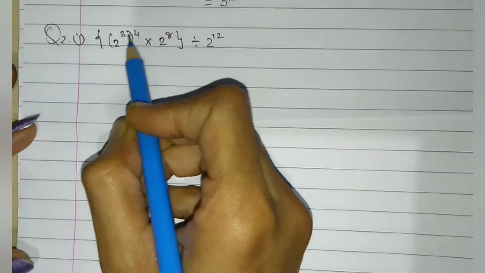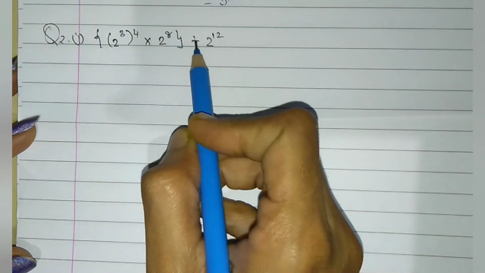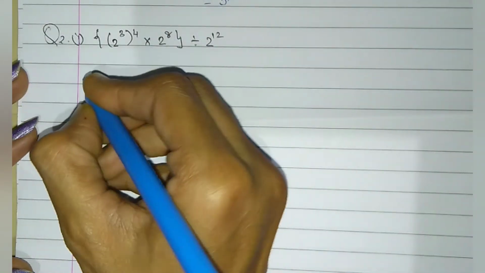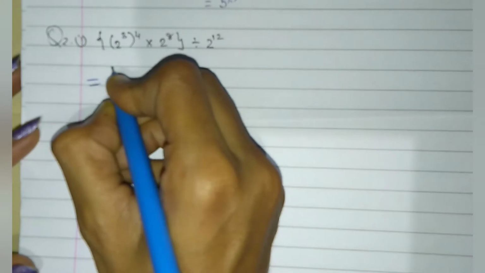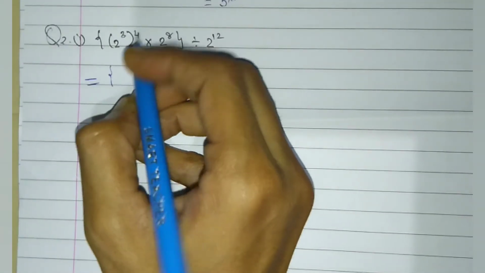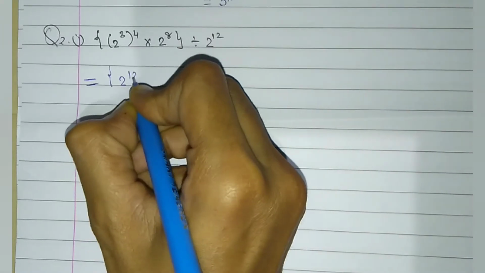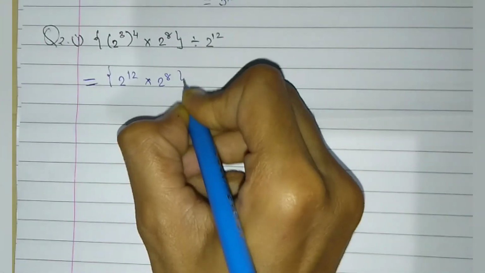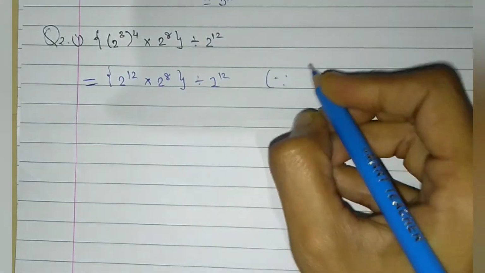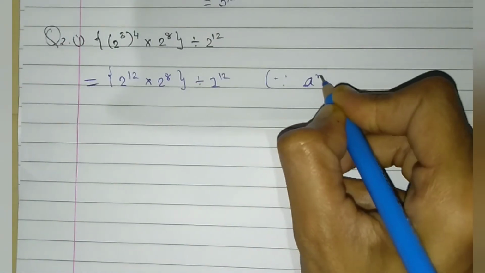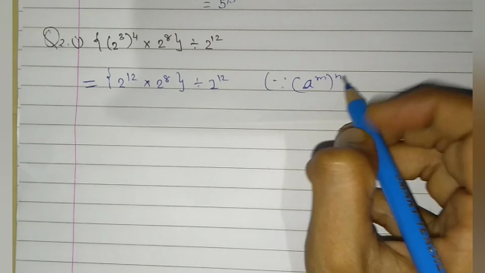So the first one is (3 raised to 4) into 2 raised to 8 divided by 2 raised to 12. Now first of all we'll solve the bracket, which is 3 into 4 is 12, multiplied by 2 raised to 8 divided by 2 raised to 12. So which law are we using? (a raised to m) raised to n equals a raised to m into n.